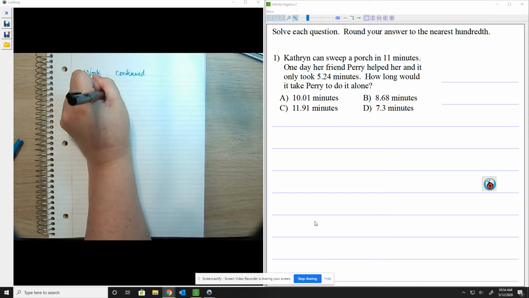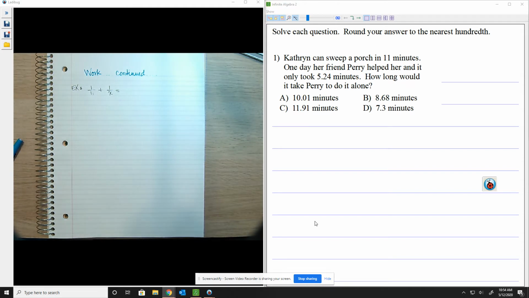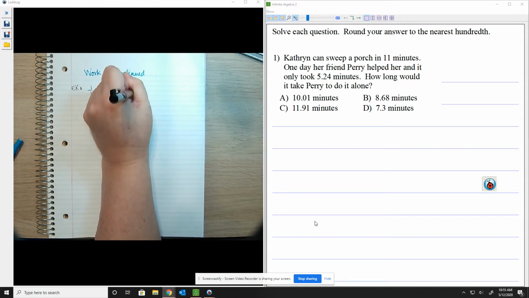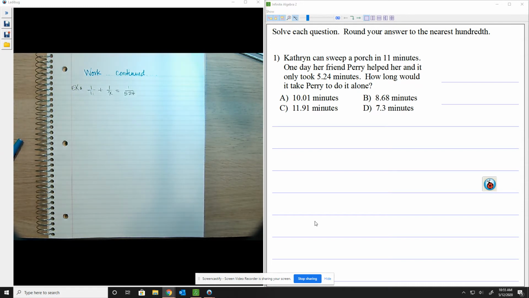So 1 over x equals, and then it was 1 over x is what it equaled because we were looking to see how long it took them to do it together. Well, we know it takes them 5.24 minutes. So 1 over 5.24. Okay. All right. So now I've got to solve this problem.